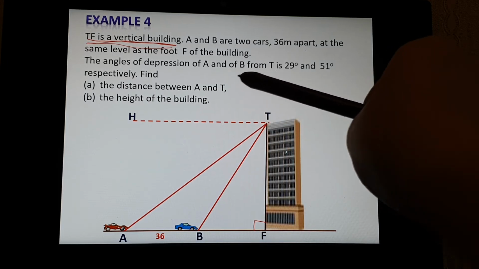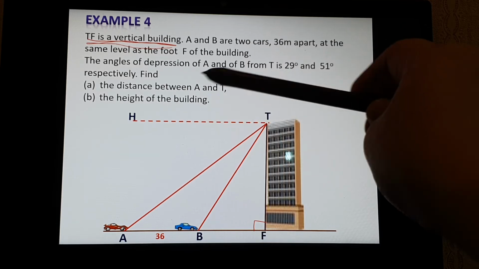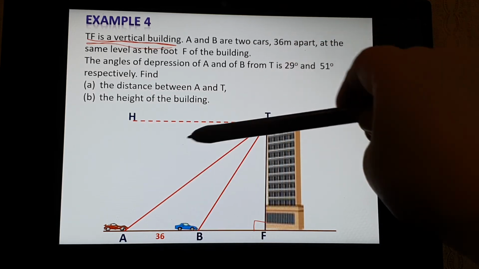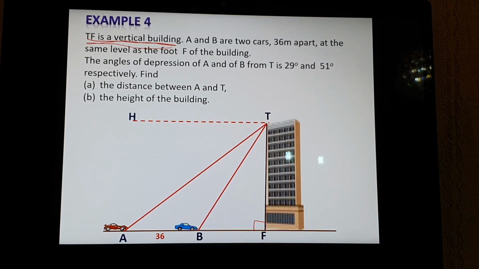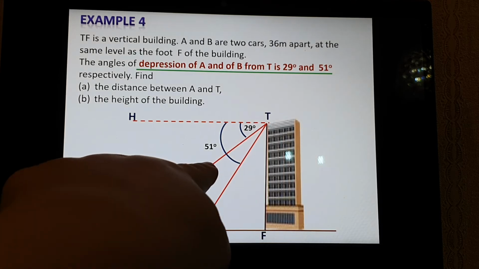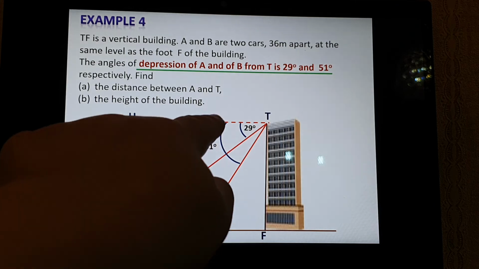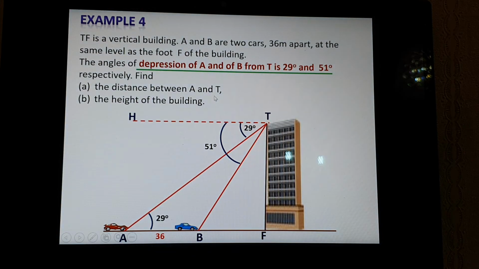When you look at B from T, what's the angle? 51. So again, you take 51 minus 29. You take the big minus the small. It's always like that one, very boring one. So this small angle here, if you want to find this small angle, it must be big minus small. Okay, we learned in kindergarten already.